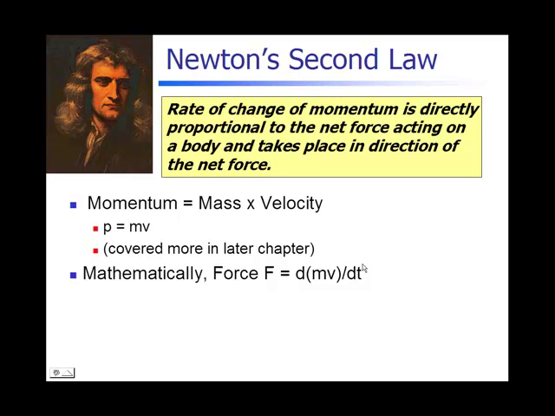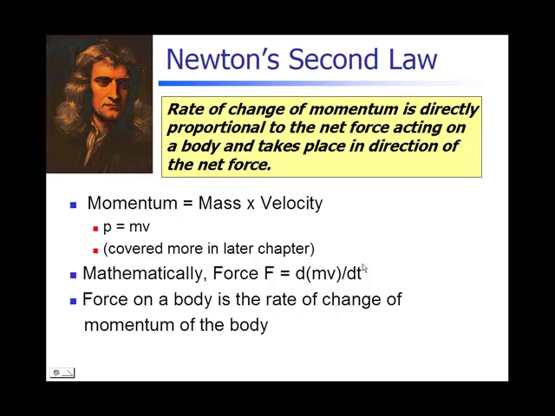Mathematically, we can write that force equals d(mv)/dt, which translates to what we specified before, that force is the rate of change of momentum. So, how can we describe force further? We can always say that force is equal to the change in momentum over the time taken to cause that change. That's how we can put it simply.